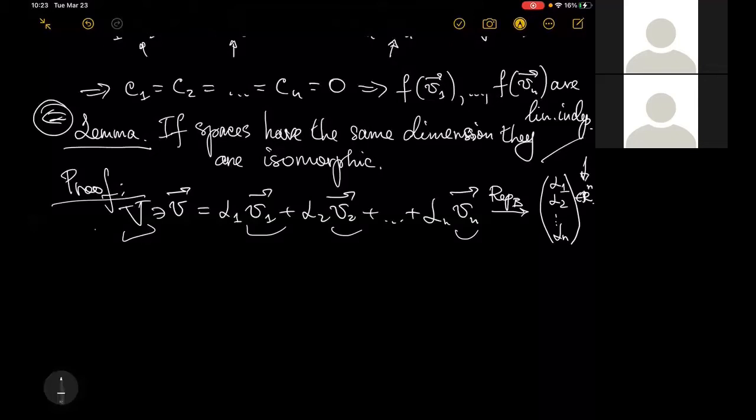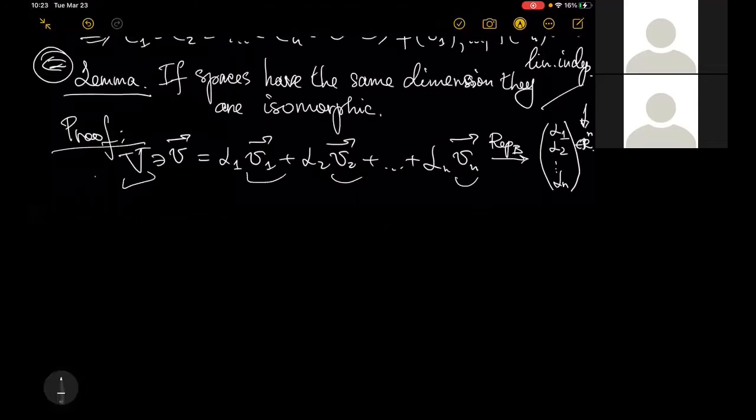Okay, after that, so you see, I started from the arbitrary vector space, and I have shown that it's isomorphic to Rn, n-dimensional vector space.